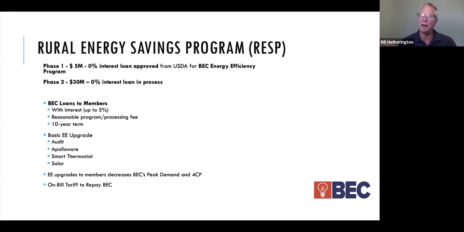When you talk about getting DER out there, it has to save money for the customer. And so what we have to have is the data to support energy efficiency, and that's what we found. So we're really happy that DOE has sponsored us in that regard. So with that, I will turn it back over to Scott.